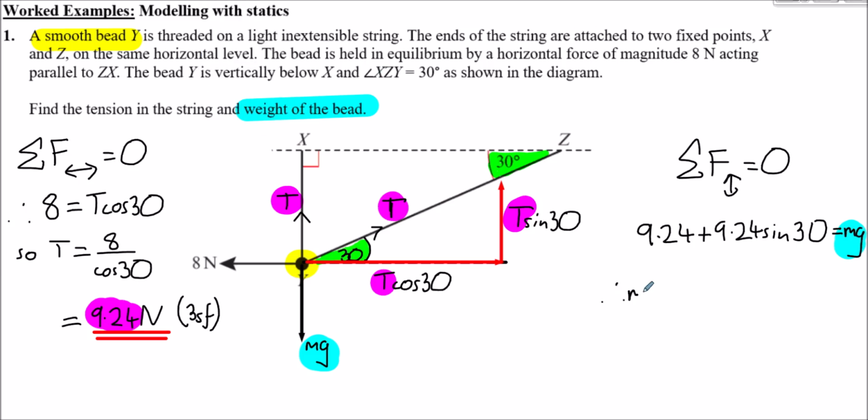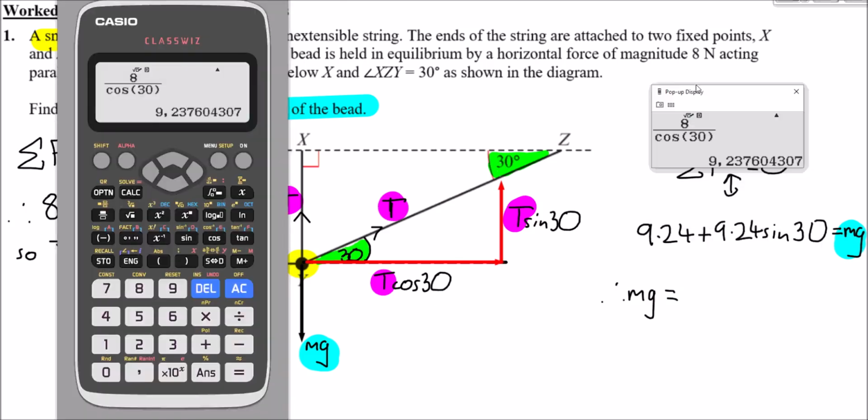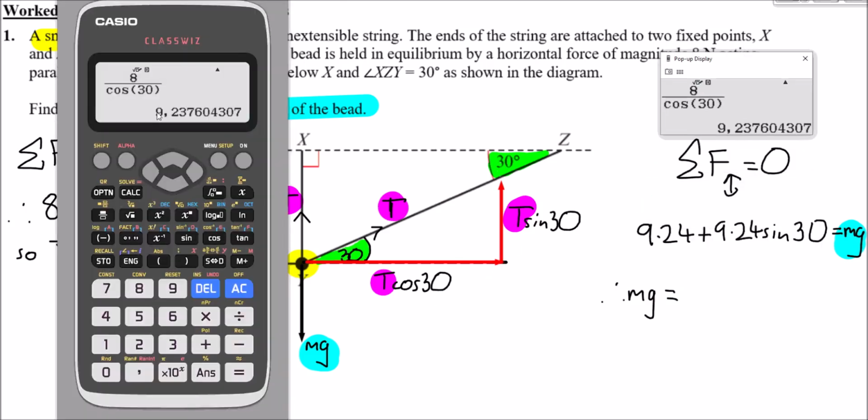So therefore mg will equal, and if I look on our calculator display, we've got the exact value of the tension stored. So let's leave it in exact form so we don't fall foul of any rounding error. So that answer, plus that stored answer multiplied by sine 30, gives us a value of the weight as 8 root 3, which is to 3 significant figures approximately 13.9 newtons.